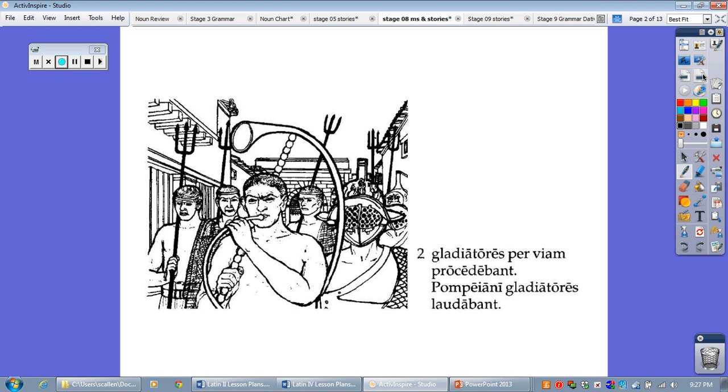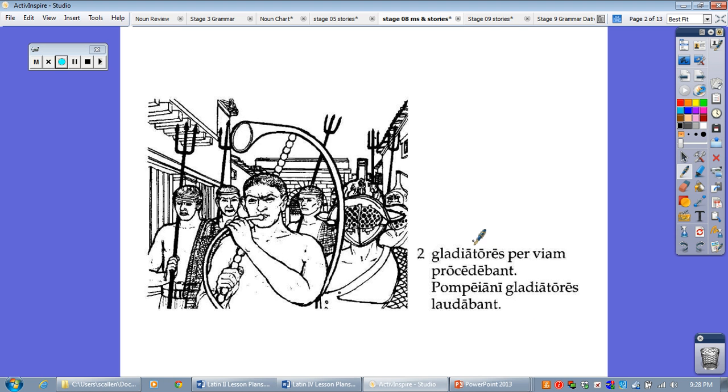Moving on, we'll do a few more. Gladiatores perviam procedebant. Pompeiani gladiatores laudabant. I really like this because you see that the word gladiatores is used in both sentences, right? There's no spelling change whatsoever. But the way that they're being used, in other words their case, is different from the first sentence to the second.